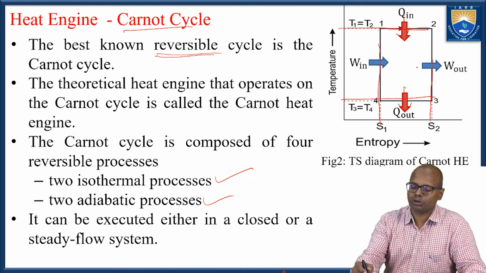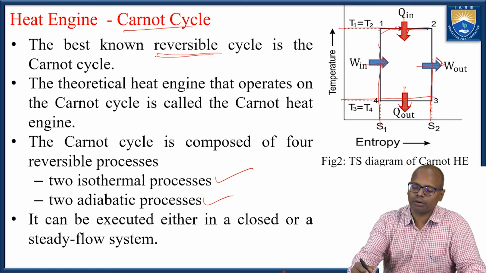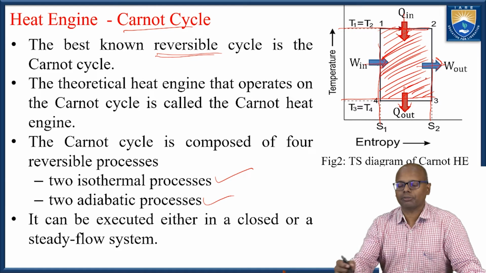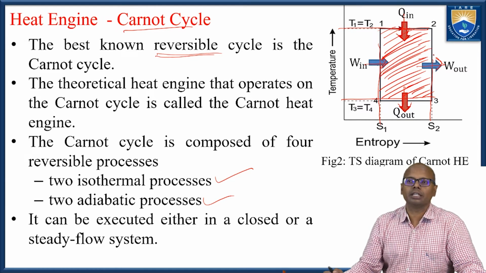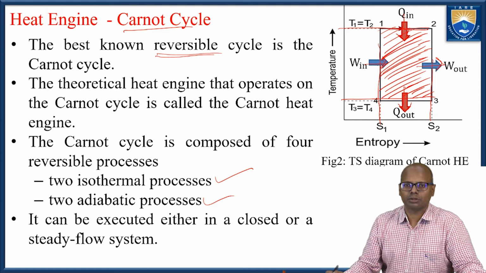In this process, the work is given out, and in this process, the work is taken by the compressor. So the net work by the heat engine will be the area under these curves. This shaded portion graphically represents the net work done by the heat engine.